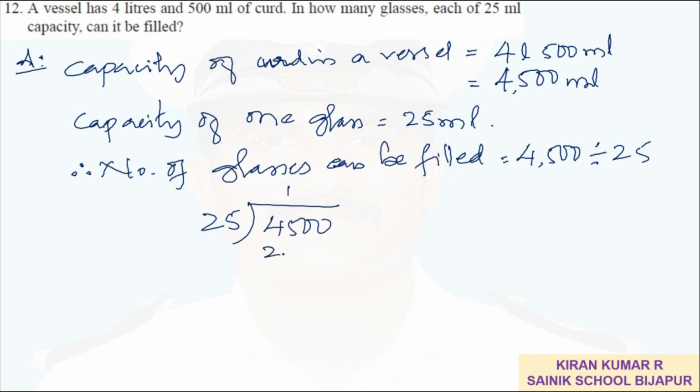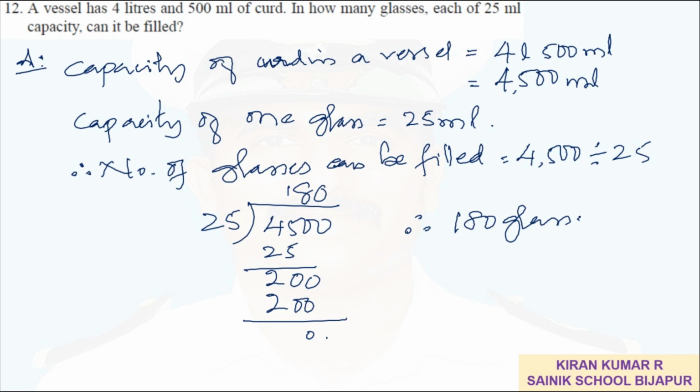One time is 25 and we get 20 here. So 0 should be taken. 8 times is exactly 200. Here one more 0 is there, so we have to place a 0. Therefore, 180 glasses can be filled by curd.